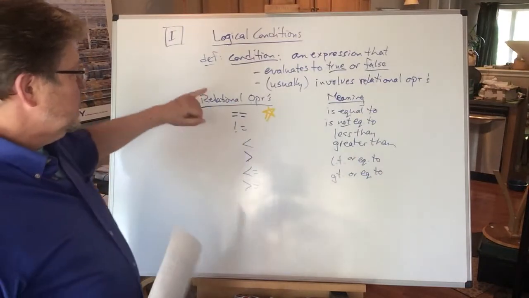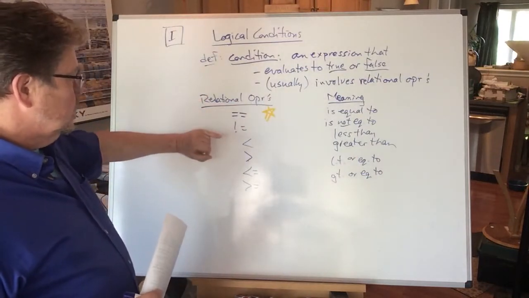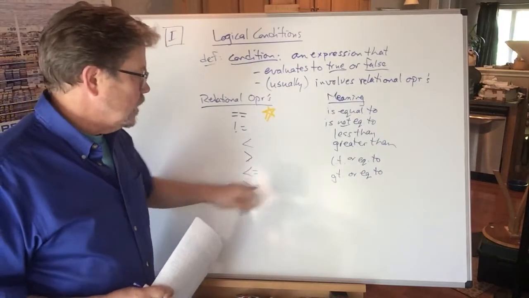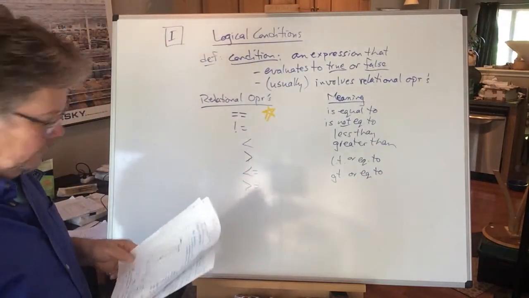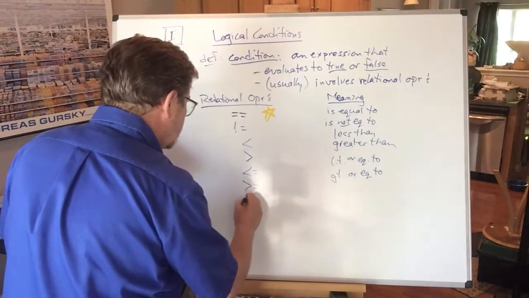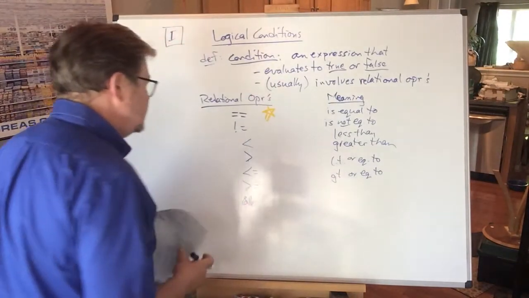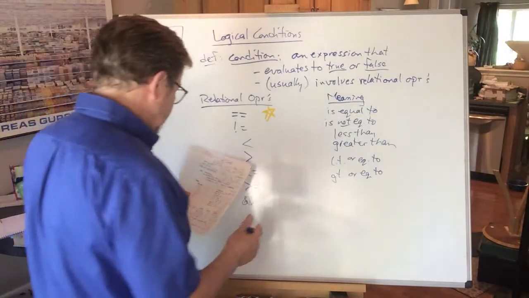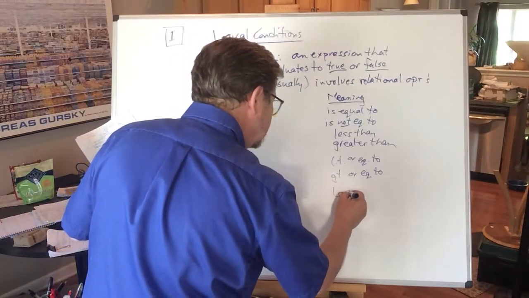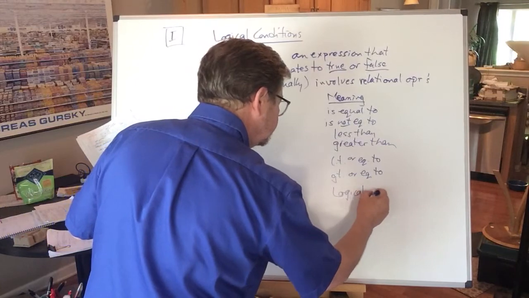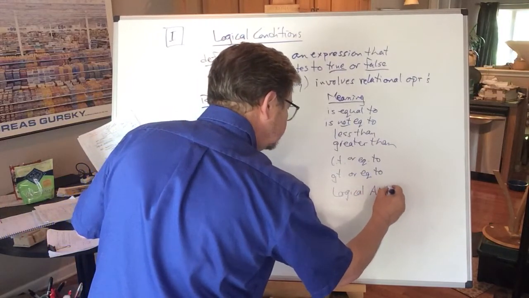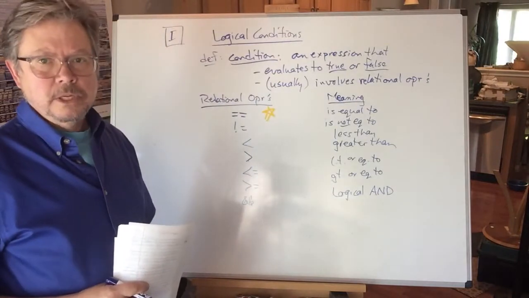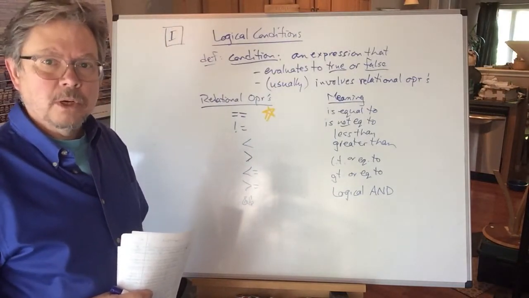So far we've got is equal to, is not equal to, less than, greater than, less than or equal to, greater than or equal to. Two ampersands in a row, again viewed as a single operator with no space between, means logical and. We've seen and before, in digital logic a long time ago.